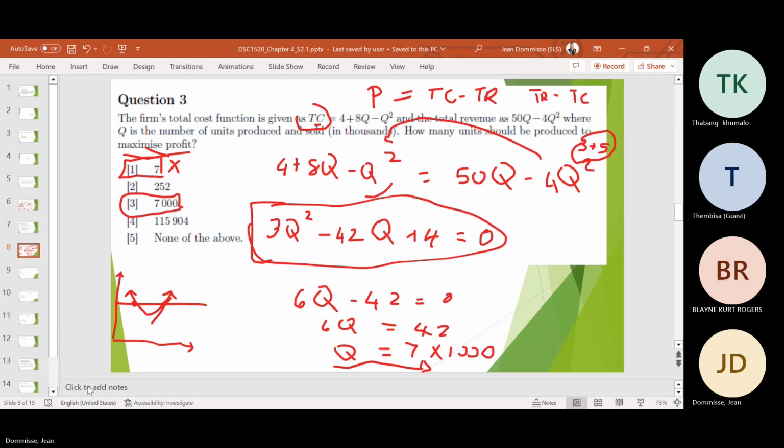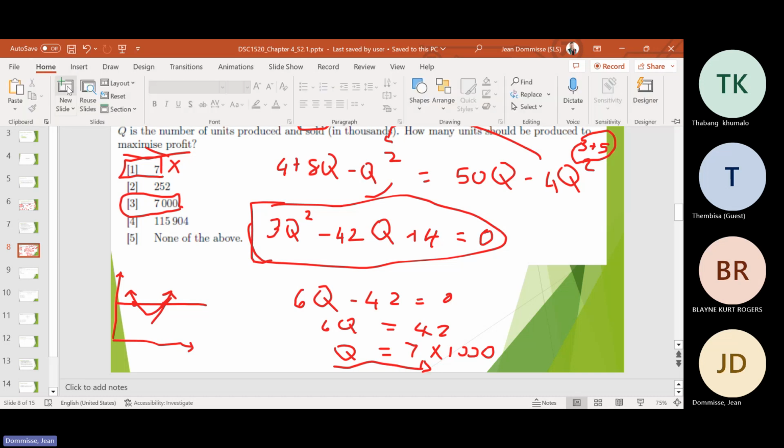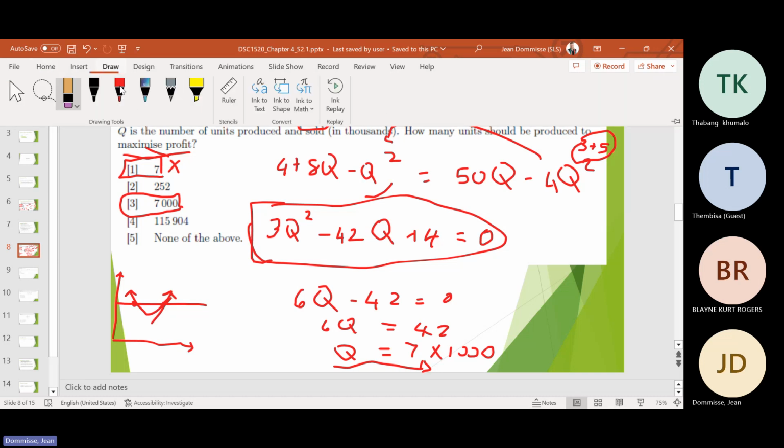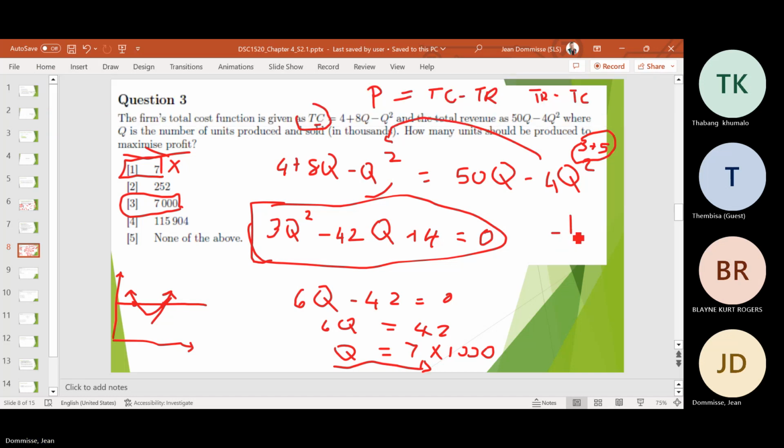So what is that one function? Remember there was that minus b over 2a that we said one can also use to find the turning point or where you would maximize.